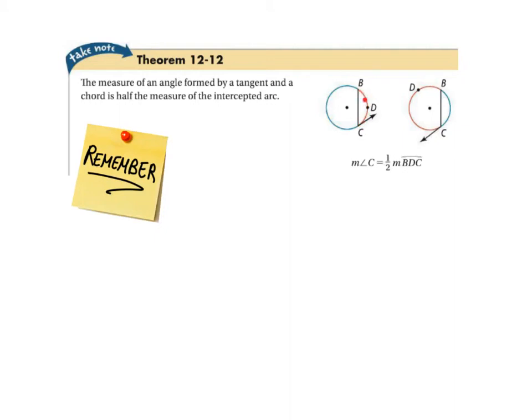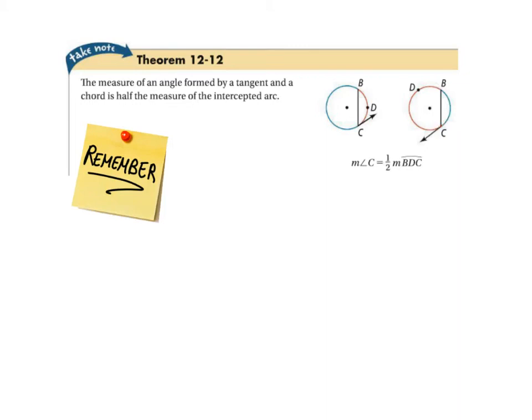It's that red angle. You can see that the vertex of your angle is C, and it lies on the circle. So I treat it just like an inscribed angle. If the vertex is on the circle, it's an inscribed angle, and the angle is half the arc. So C is half of that arc BDC.